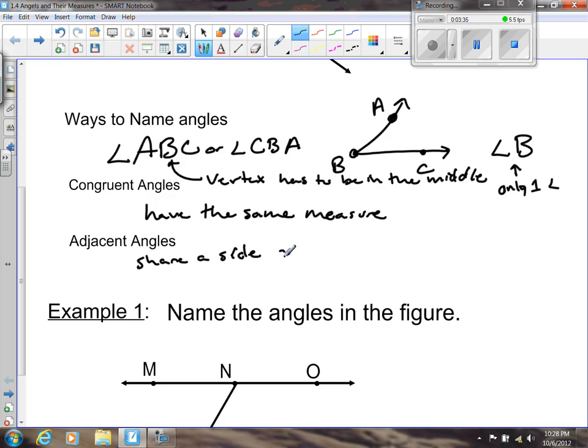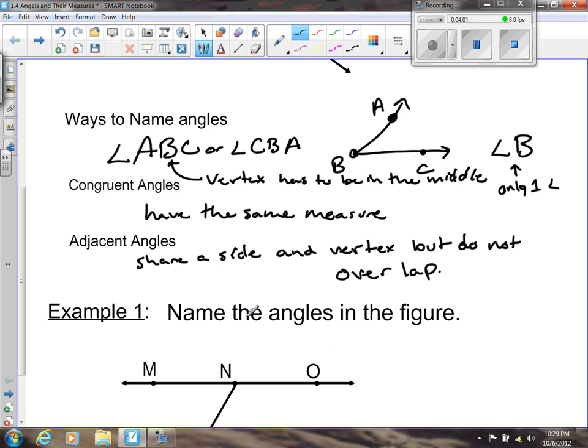Share a side and vertex, but do not overlap. That's kind of just a catch there. They share a side and vertex, but do not overlap.